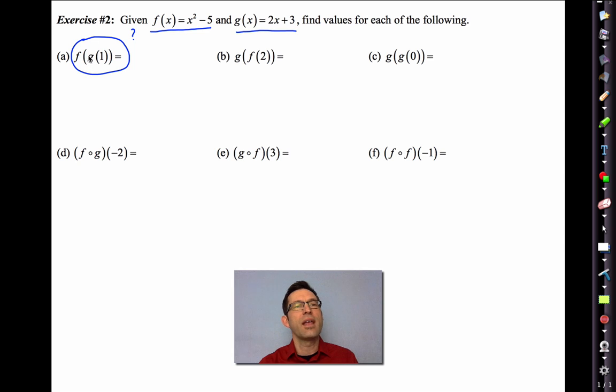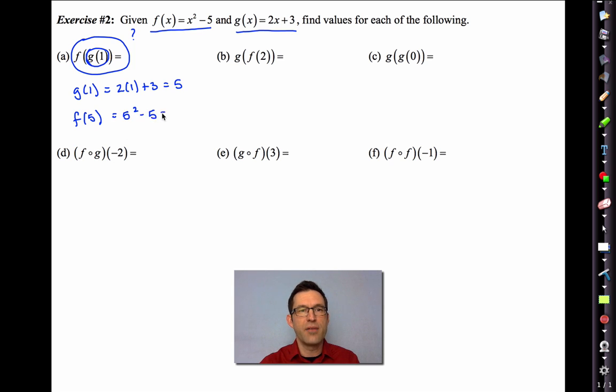Well, it's actually not that bad, because g of 1, this thing right inside of here, has a value. g of 1 is 2 times 1 plus 3, so g of 1 is 5. But equals can always be substituted for equals, so f of 5 then is 5 squared minus 5, which is 25 minus 5, which is 20. And that's it. f of g of 1 is 20.